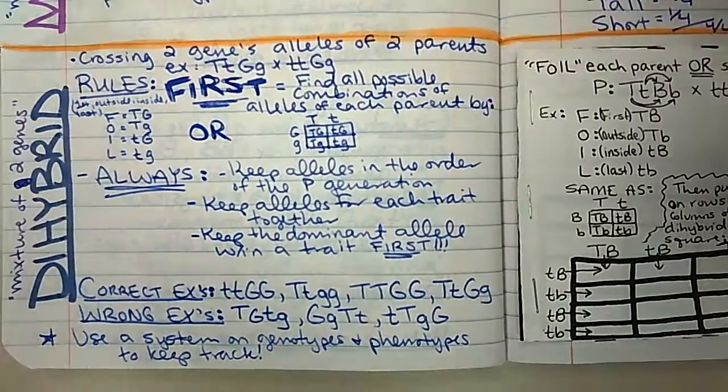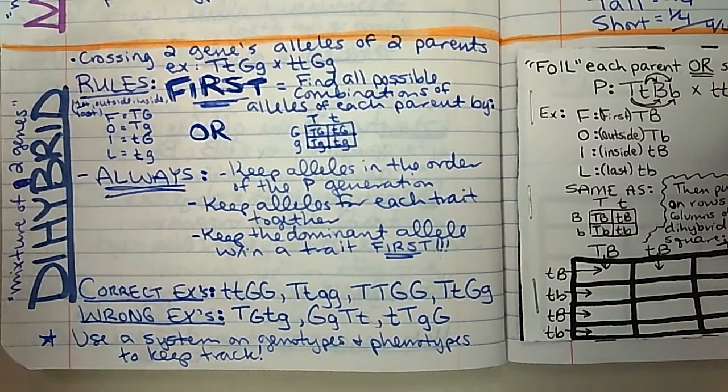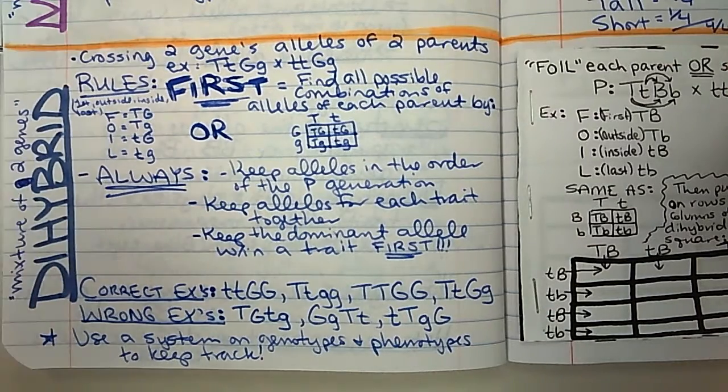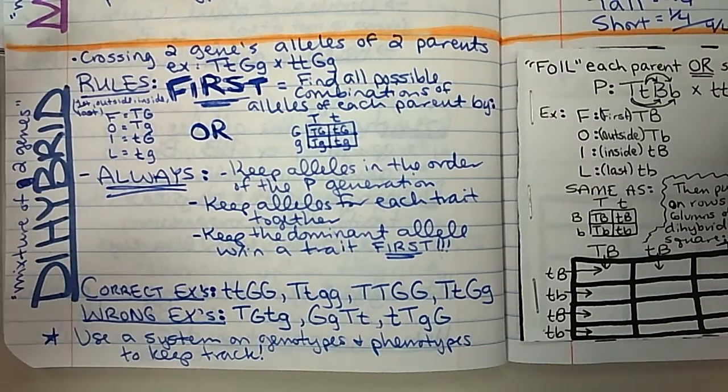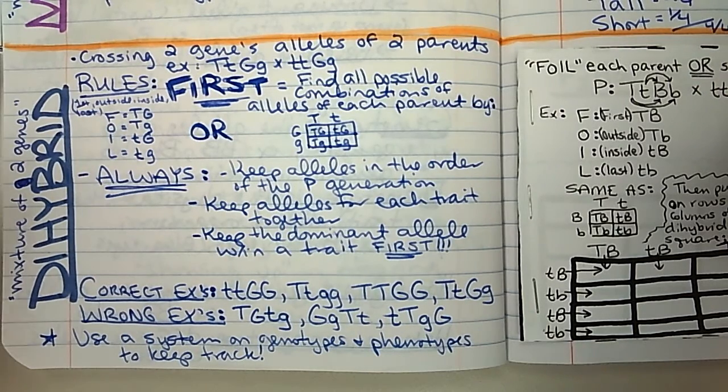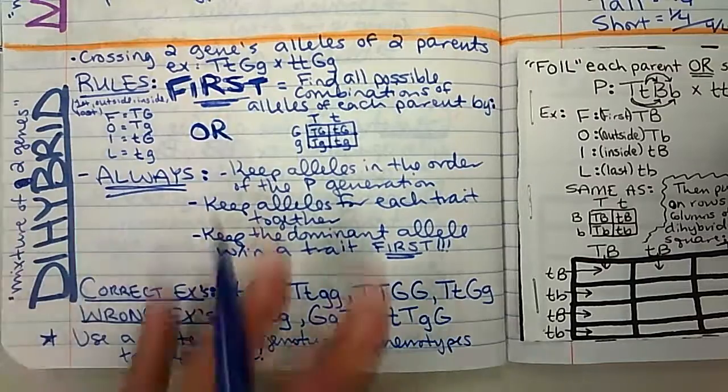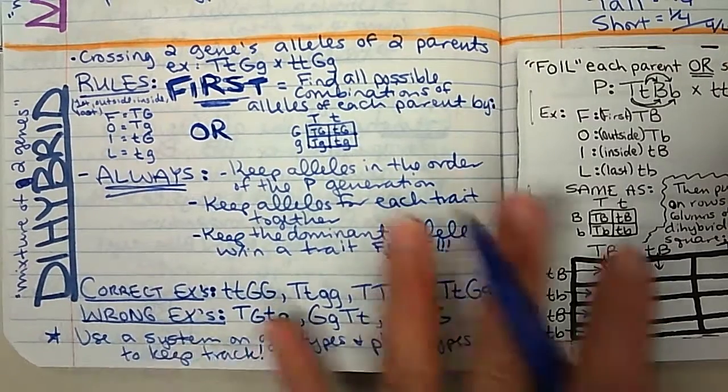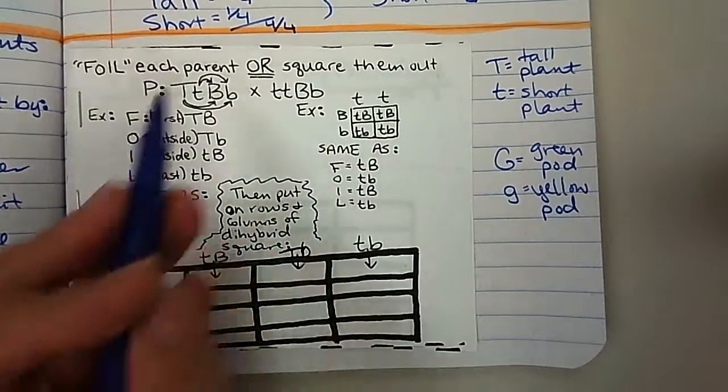I love doing these, but if you don't have an order that you do your stuff in, if you don't keep it neat and have a system that you use, you will mess up. And it's not because you don't know what you're doing, it's because you just kind of mess up.